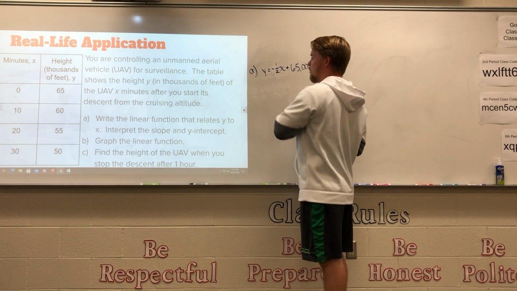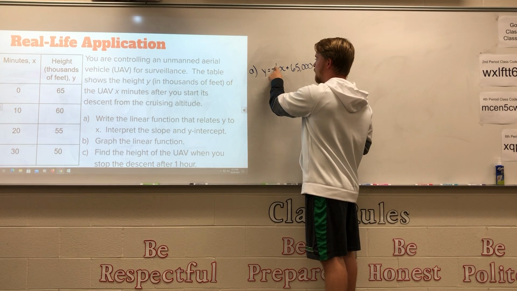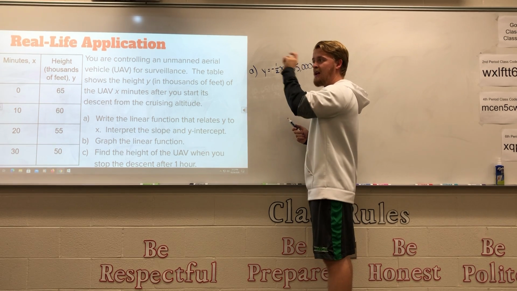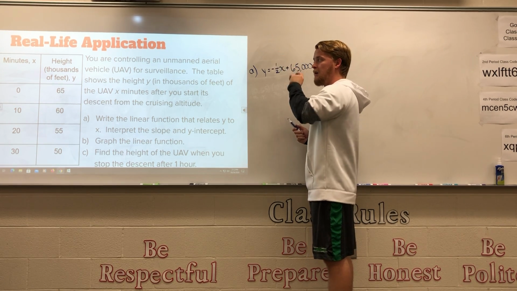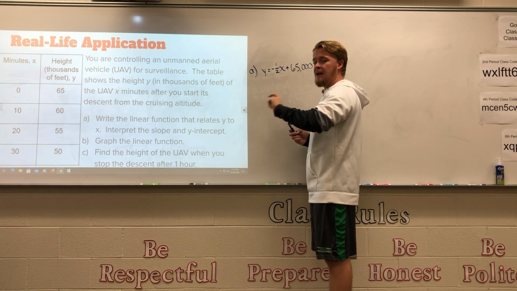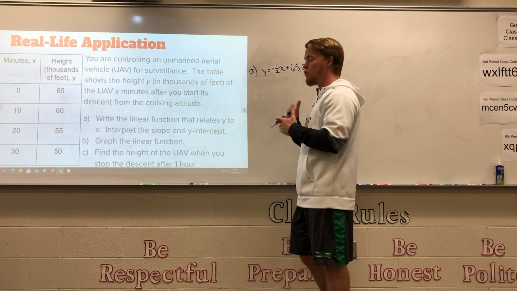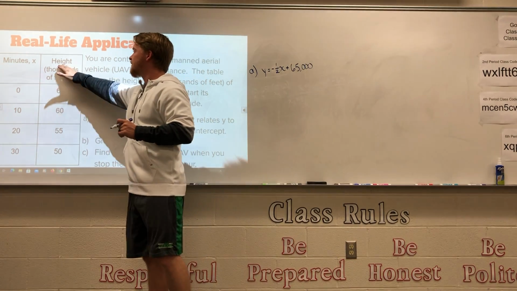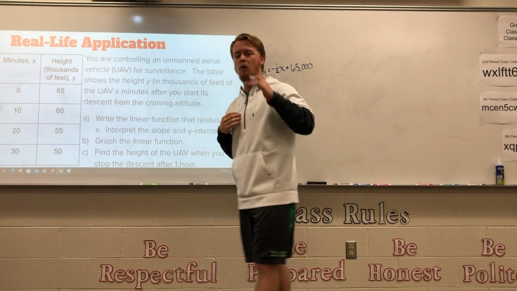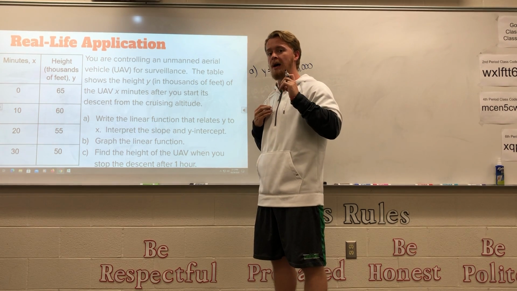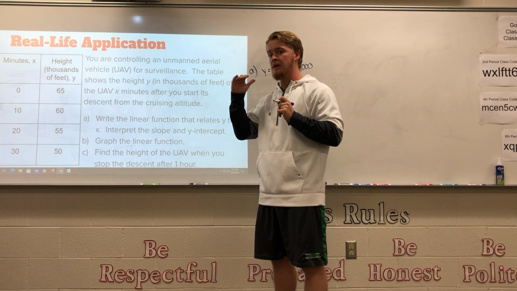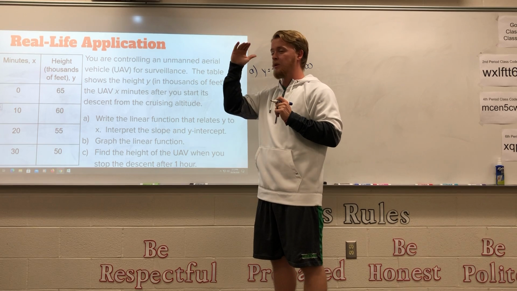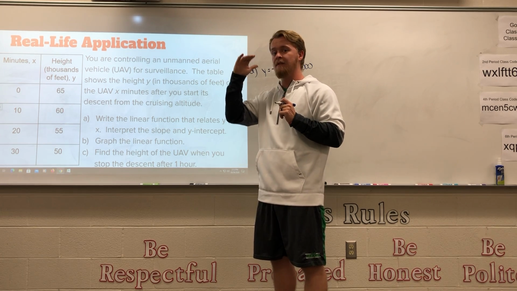My change in y, or my top number, is negative 1. So I have negative 1 as my y, 2 as my x. To put that in terms of this, my y, remember, stands for thousands of feet. If I have a negative 1 as my y, that means I'm going down. Negative means I'm going down, or descending, 1,000 feet.